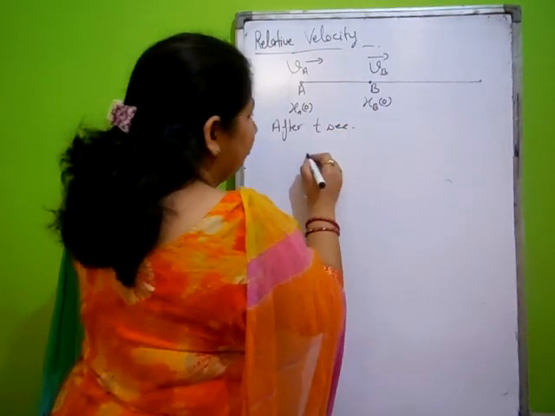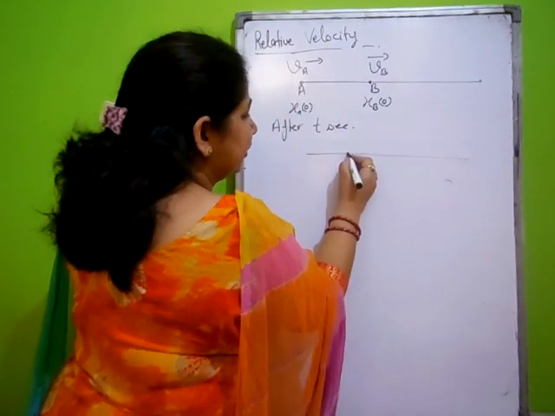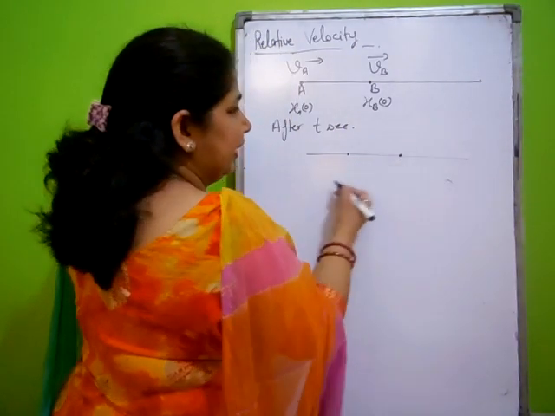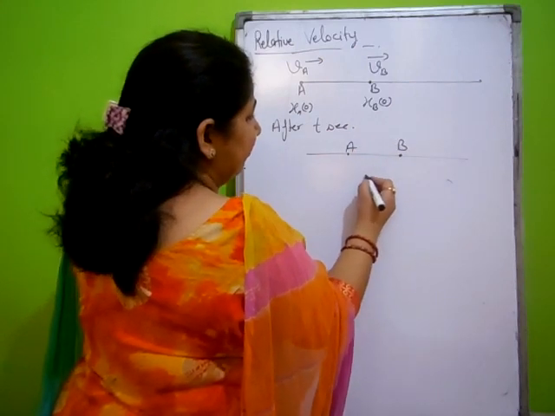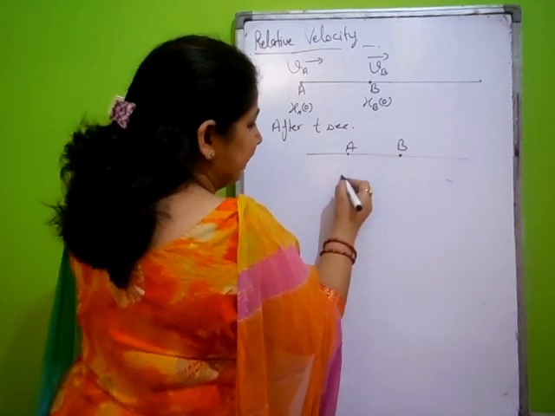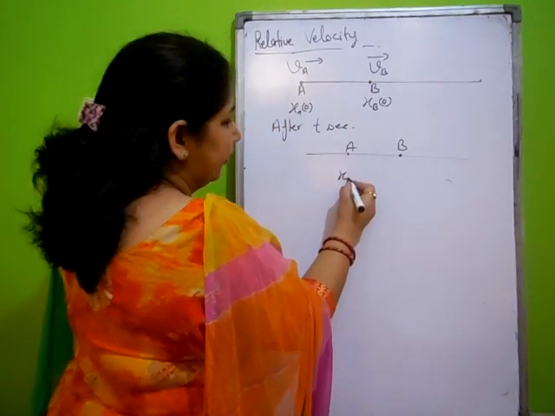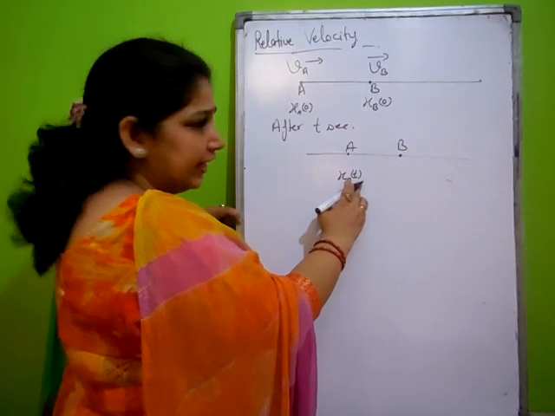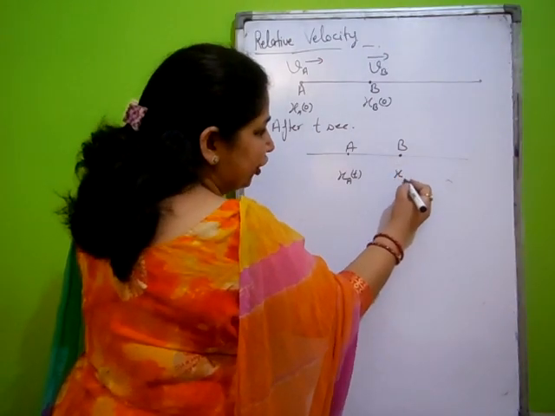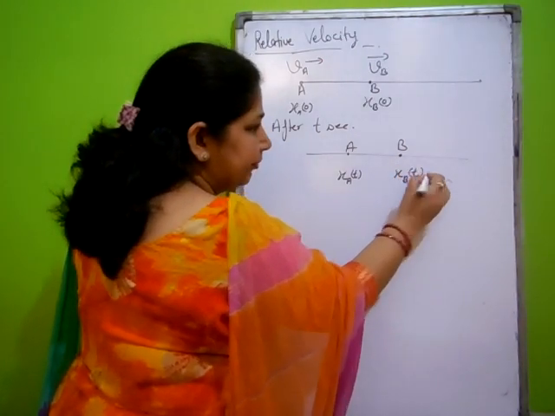what we have? Suppose A object comes to here and B here. Now the position difference will be something, and this position is XA at time t, position of A at time t, and this is the position of B at time t.